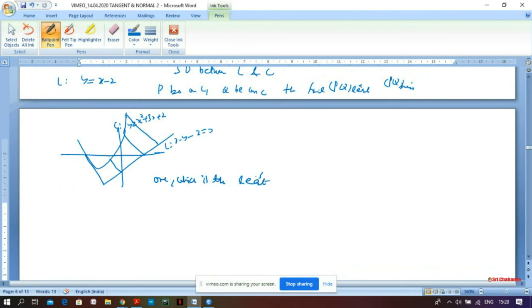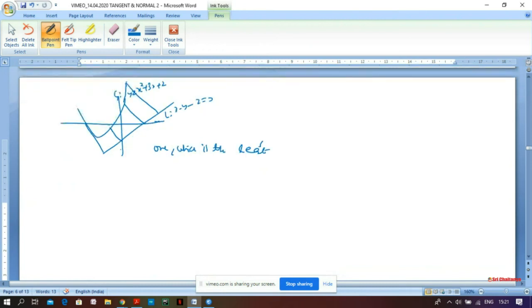So our method would be, this is one parabola, this is one line. I will try to find out the point on the parabola, say P, such that the tangent at P is parallel to the line L. So the tangent at P, this is the tangent at P.